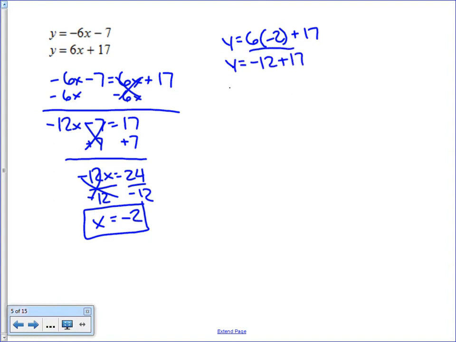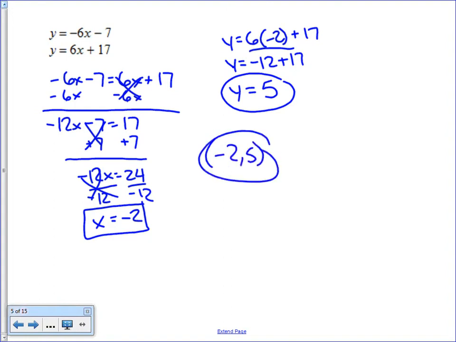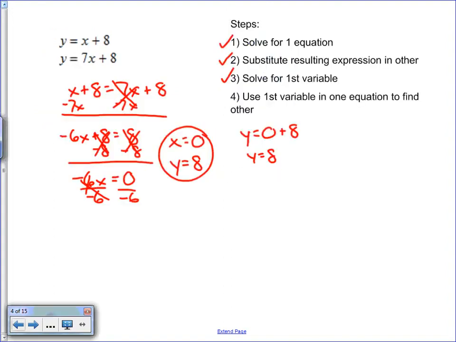And negative 12 plus 17 will give me a y value of 5. And make sure you actually write it as a coordinate, negative 2, 5. I don't think I did that on the last one. Yep. So we have 0, 8. Make sure to write it as a coordinate. It's a little neater that way.